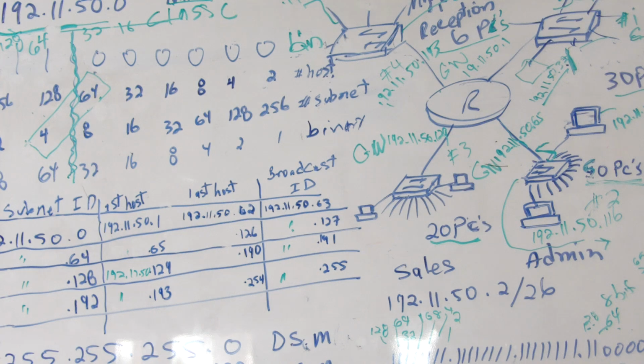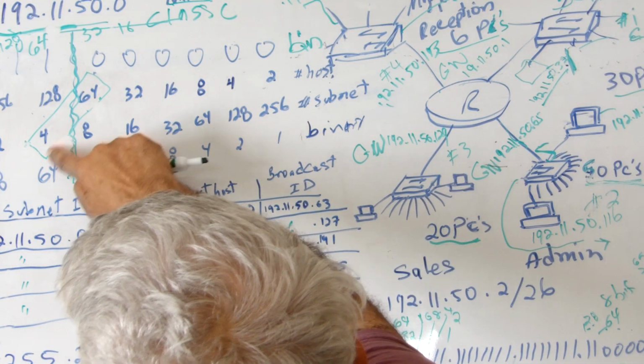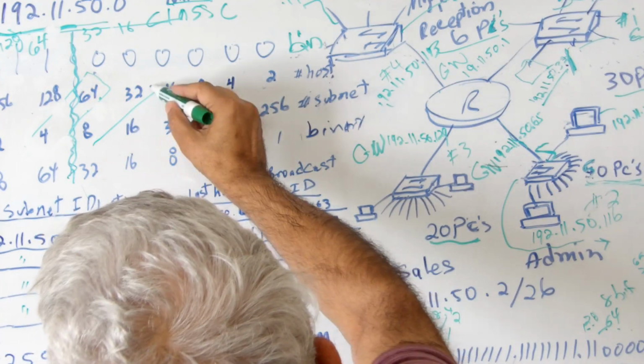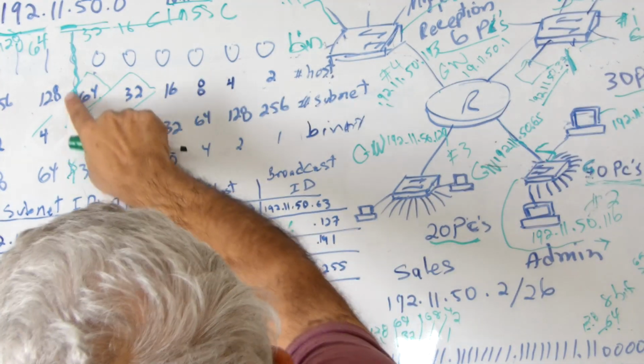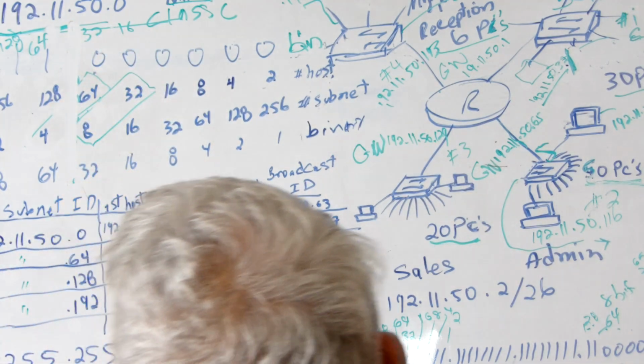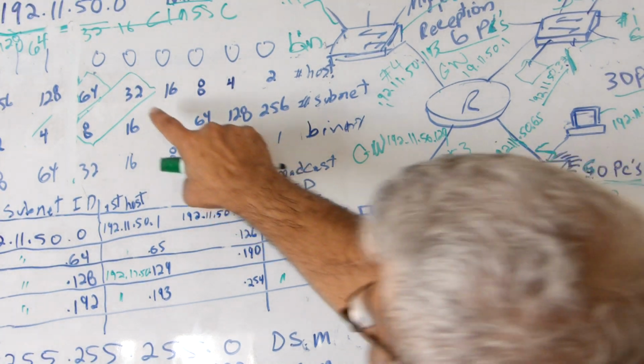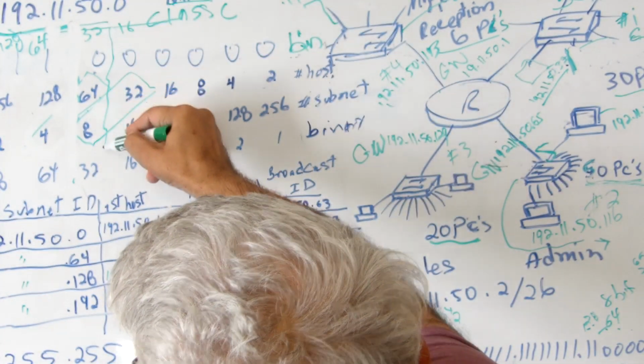Sometimes you say, hey, these numbers are different. Okay, we want more subnets, and we don't have more than 20. You need to draw the line here.